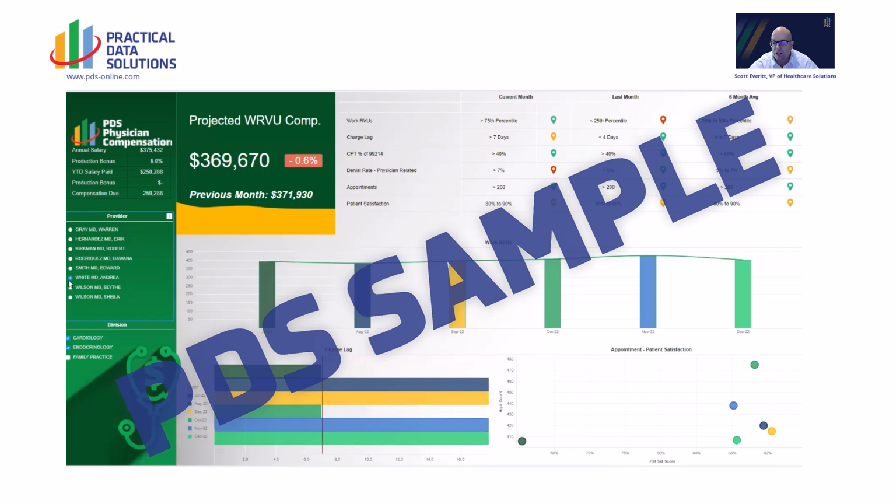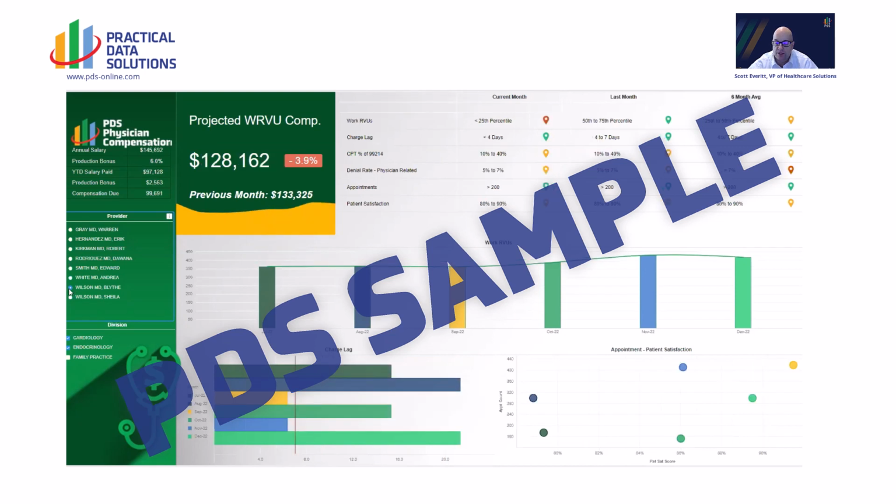Obviously, we want to look at patient visit volumes, but something that highly correlates to that is patient satisfaction. If you start seeing lower trends in patient satisfaction, you may not see it now, but in the next few months, you may start seeing visit volumes tick down if patient satisfaction is not up to where we want it to be. So that's another thing to pay attention to.